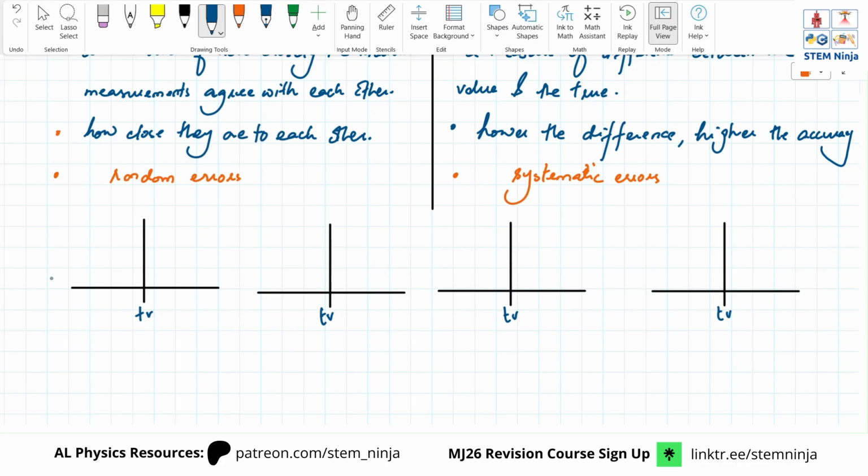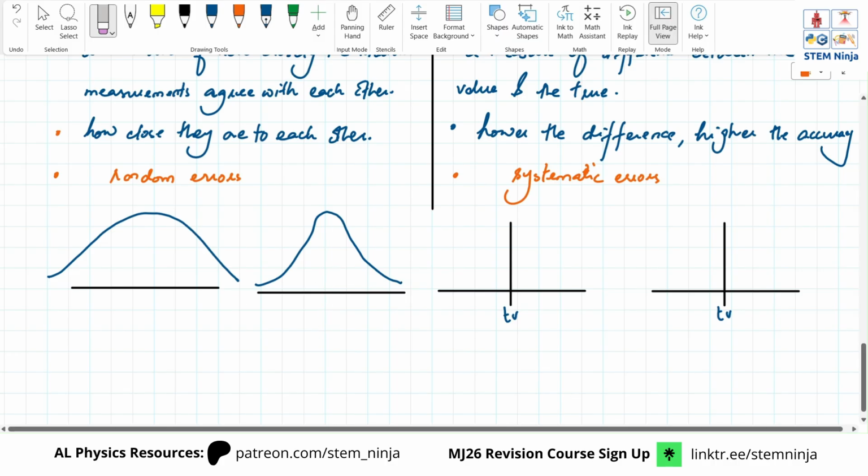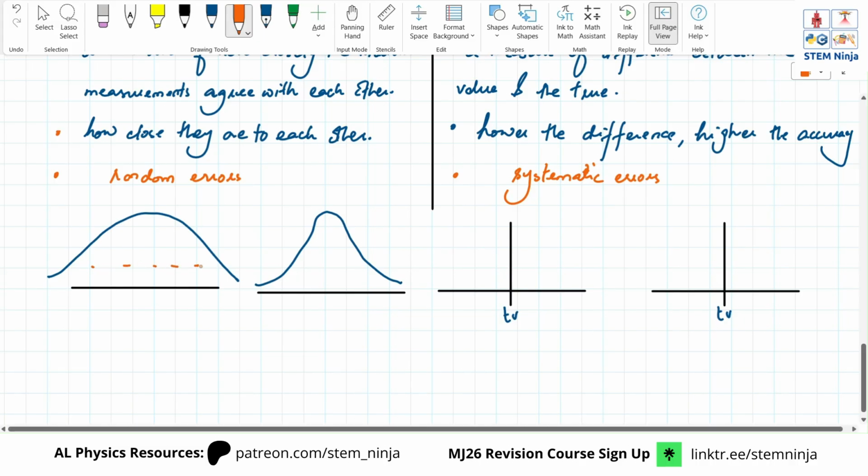Now, if we have a curve like this versus a curve like this, oh, sorry, no. Actually, wait a second, we can skip this for a bit. These two, see, there's a lot of spread.